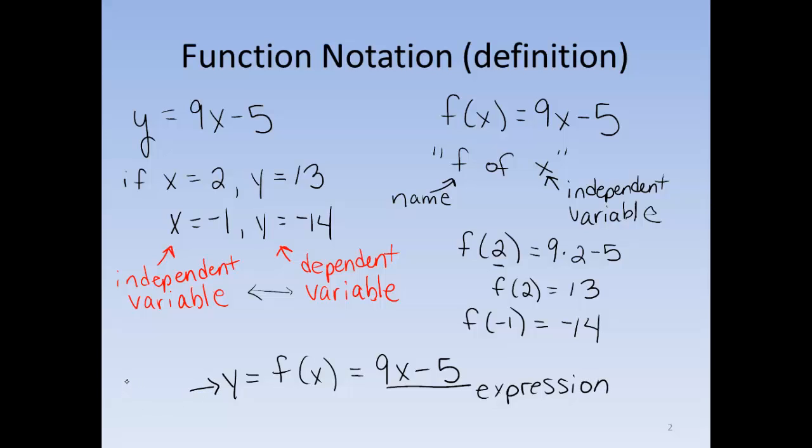The y is my dependent variable, or some people will just call it the value of the function. The f is what we're naming our function, and the x tells me what the independent variable is. When we get into class, we're going to do a lot more with this idea of independent and dependent, but we just wanted to introduce the notation here.